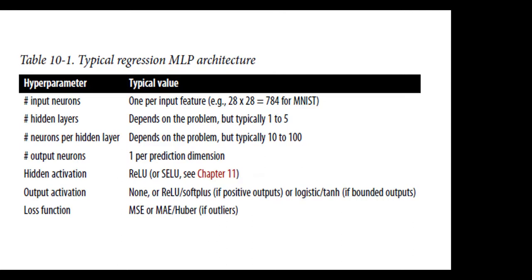that the output is centered around a number or is positive. But if we want positive outputs, we can use a ReLU or a softplus. Or if we want the output to be bounded around a specific number, we can use sigmoid or tangent hyperbolic.